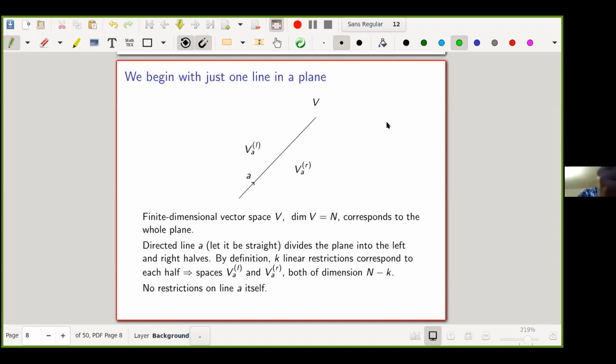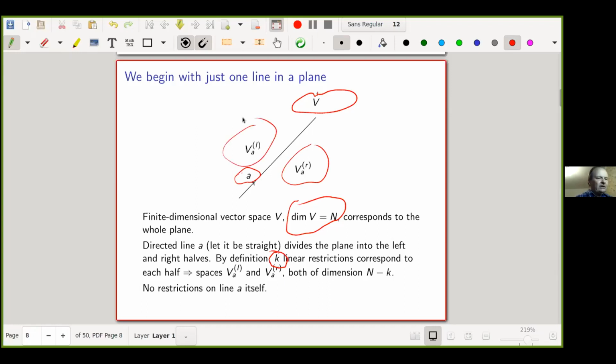To the whole plane corresponds some finite dimensional vector space with dimension n, and the line called A divides the plane into two halves, and by definition there are some k linear restrictions corresponding to the right half of the plane and to the left half of the plane.